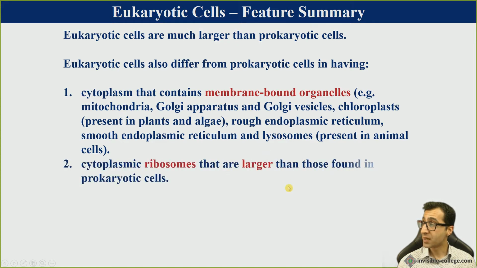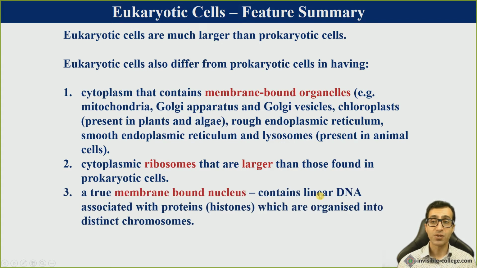Also, as we saw, the ribosomes in eukarya are larger than those found in prokaryotic cells. And of course, a eukaryotic cell has a true membrane-bound nucleus which contains linear DNA. This is in contrast to the prokaryotic DNA, which exists as a continuous loop.